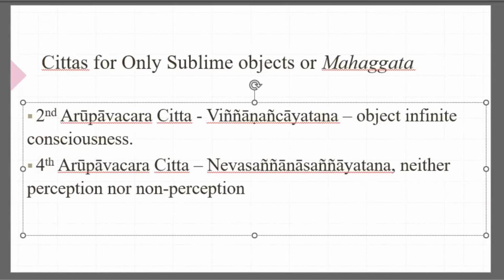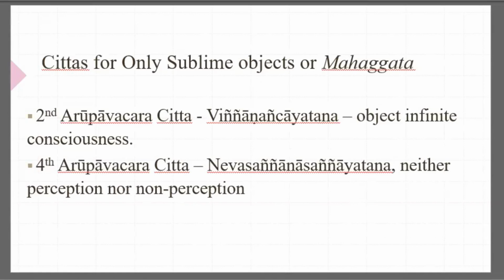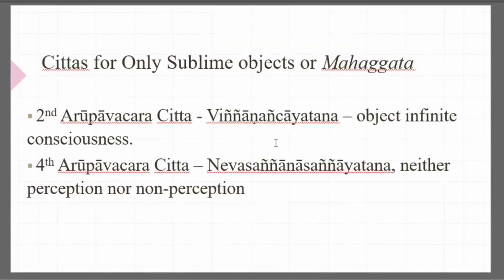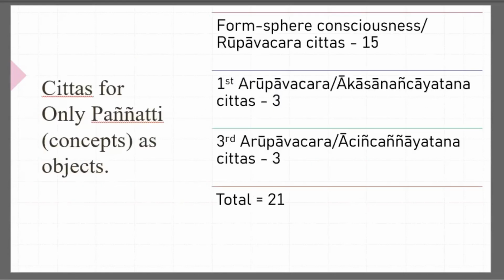Now let's move into the concepts. Cittas that take only Paññatti as the objects. What are they? We have learned there are 15 Rūpāvacara Cittas, fine-material sphere consciousness: Rūpāvacara Kusala 5, Vipaka 5, Kiriya 5.